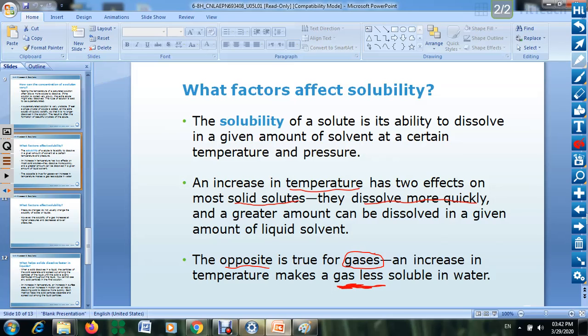Because the carbon dioxide inside the bottle escapes from the liquid because of higher temperature, so the taste is not good. To make it good, you put it in the fridge. Okay, so in a higher temperature, the gases will not dissolve more. They will dissolve less. But in lower temperature, gases dissolve more.